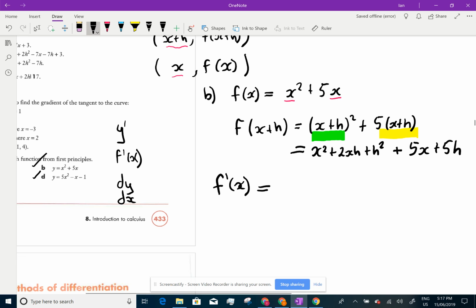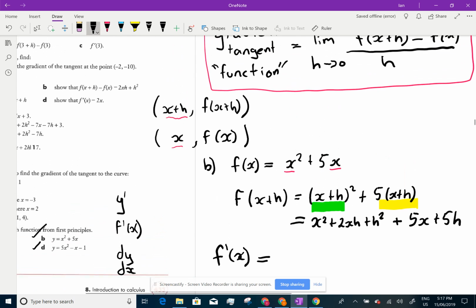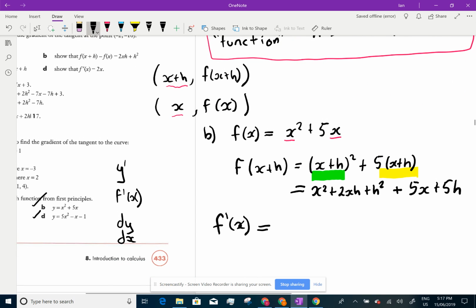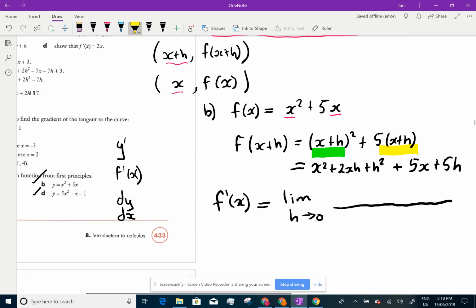Now remember what it is. It's f dash of x. Have a look back up here. F dash of x, the limit. Okay, well, we better write that. It's the limit as h approaches 0 of f of x plus h. Well, that's all this. That's f of x plus h.